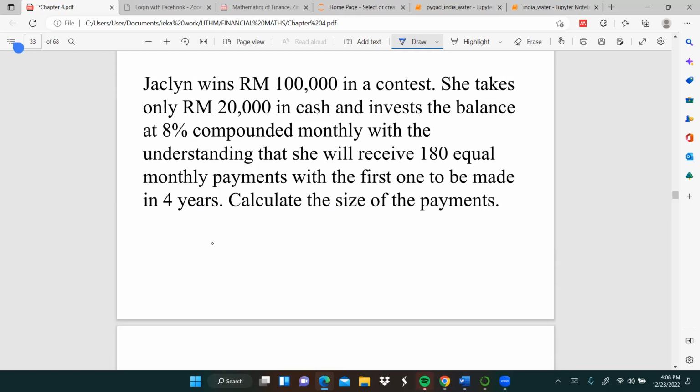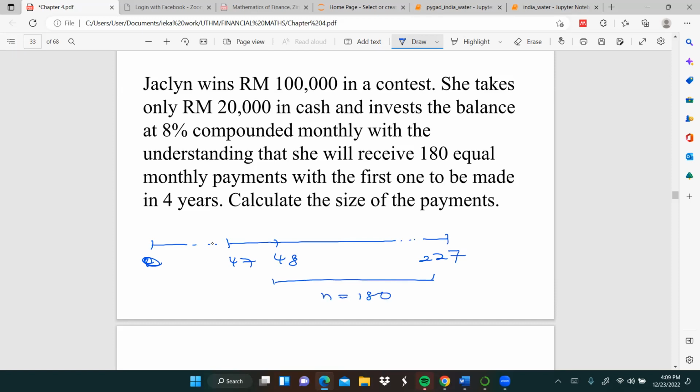So kita tengok, this is 0, 47, 48. Okay. Then dia kata sebanyak 180 equal payment. So sampai 227. Okay, so n sama dengan 180. Okay, K kita adalah 47.